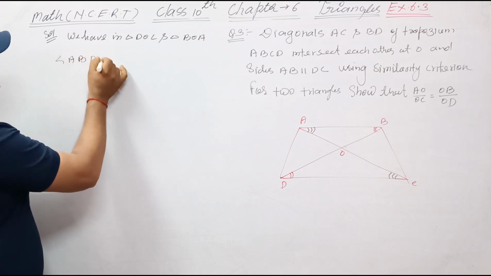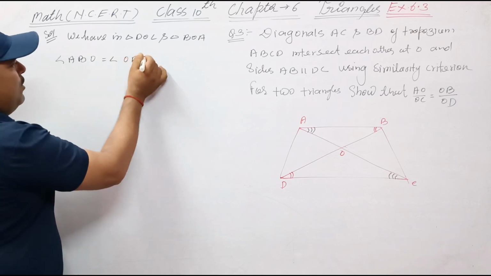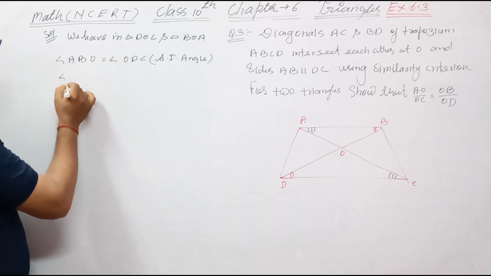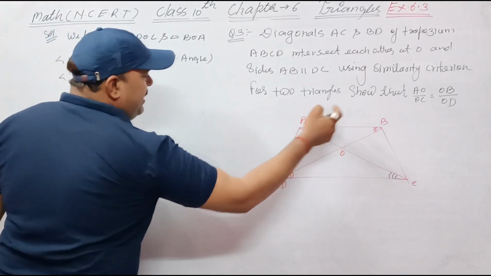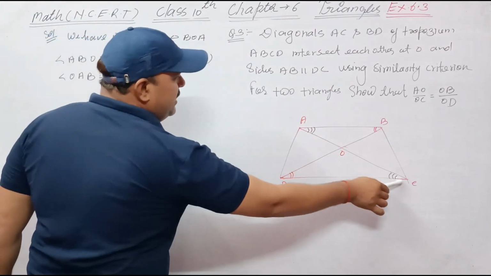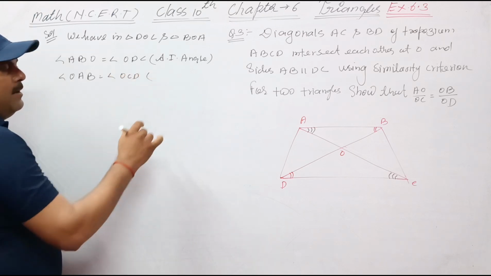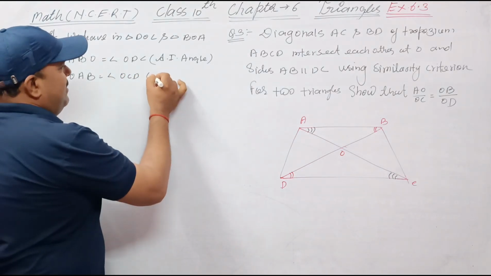Angle ABO is equal to angle ODC, alternate interior angles. Similarly, angle OAB is equal to angle OCD, alternate interior angles.